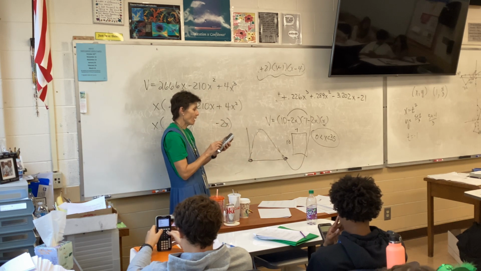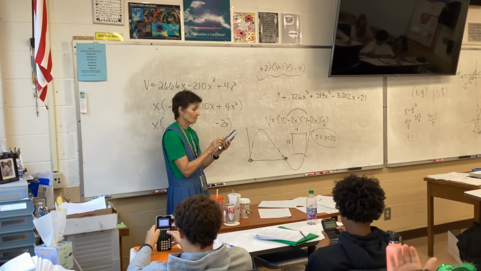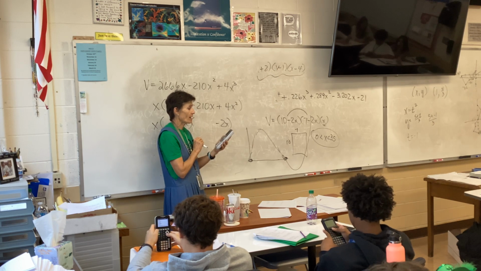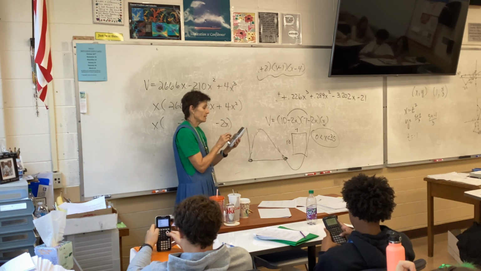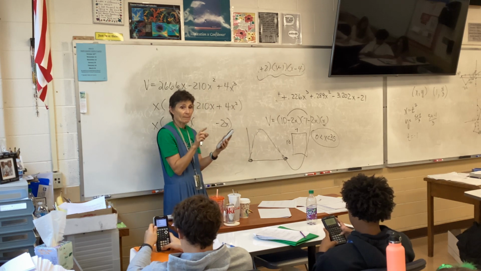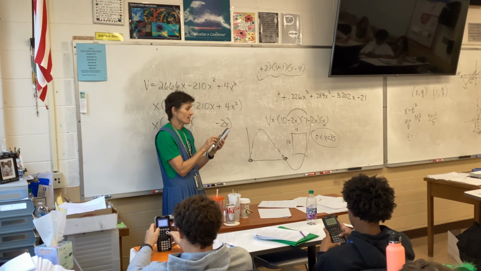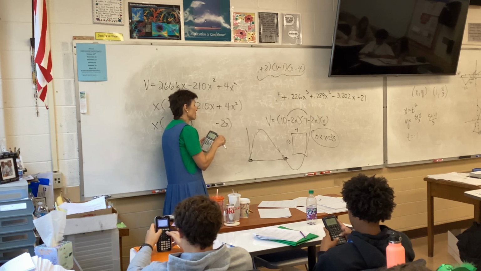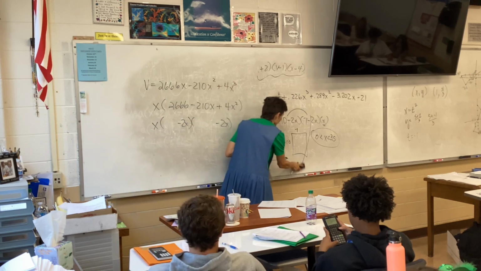So I'm going to change my X max to 25 and my Y max to 8,000 and hit graph. Now, am I closer? So I'm gonna change my Y max to 10,000. Barely, but it's good. So now, what I see on my calculator is exactly what I wanted to see.